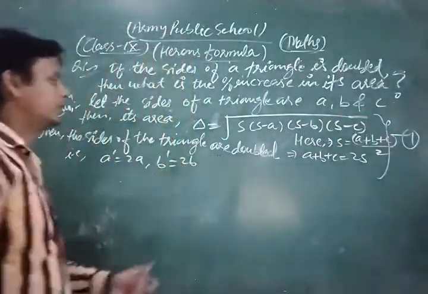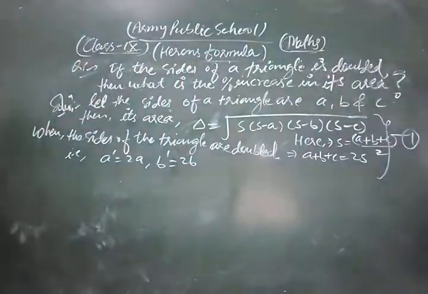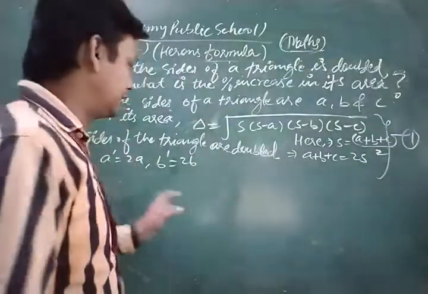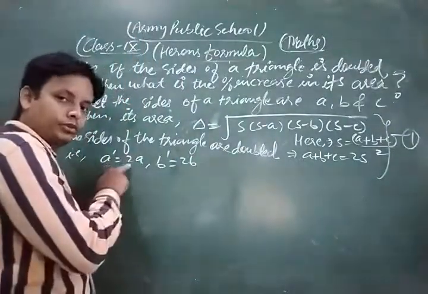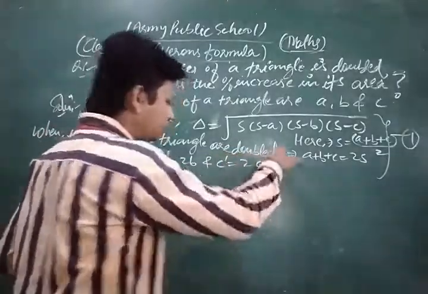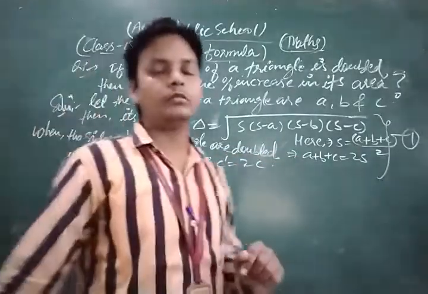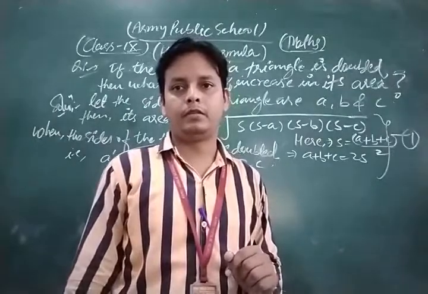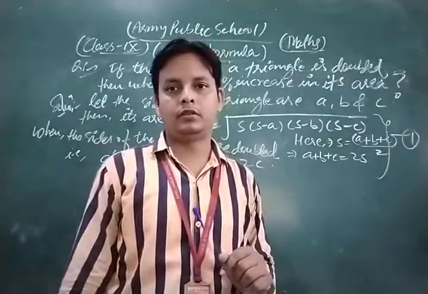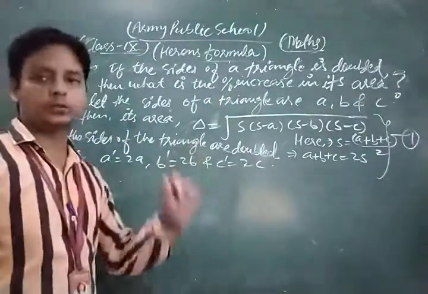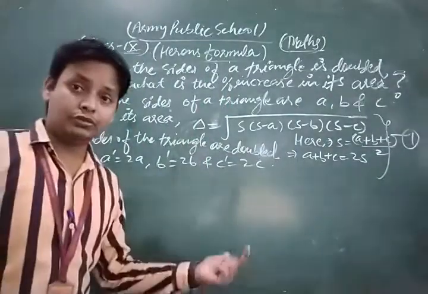Then after doing this process, when each side of the triangle is doubled, the new sides become 2A, 2B and 2C respectively.